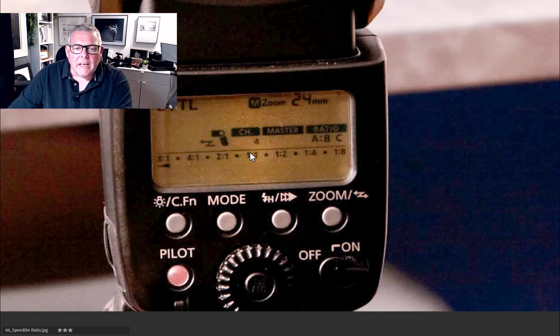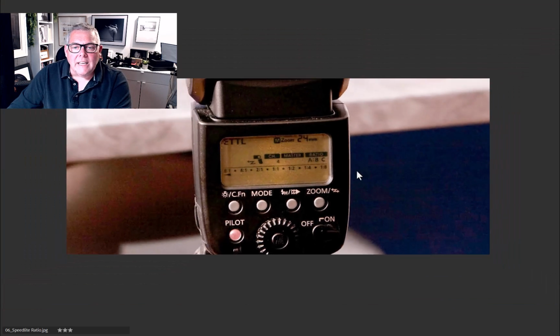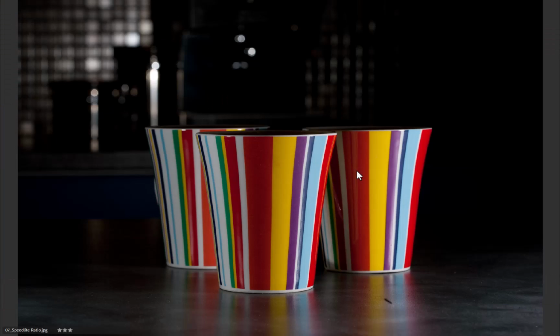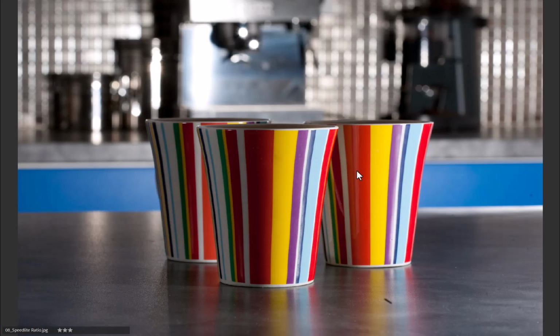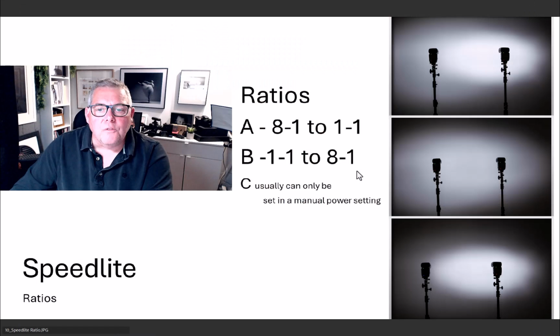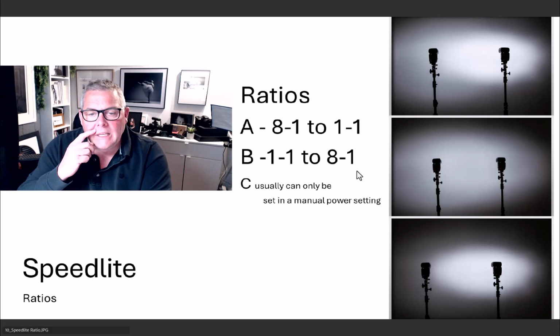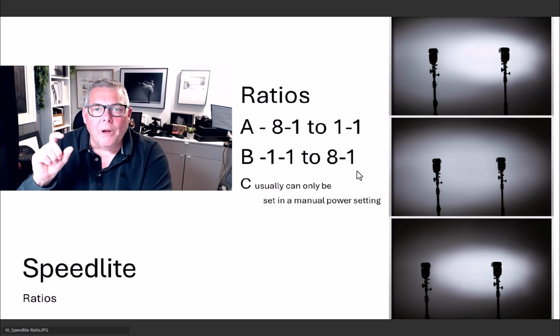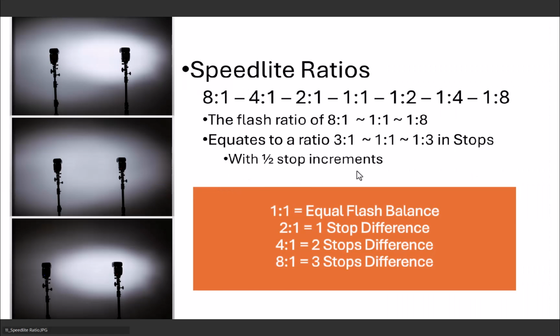And if that little mark below the 8 to 1 on the left hand side was on the other side, on the 1 to 8, it would be the reverse effect. But C is basically always set into its own level. And then by just changing the ratios, you can change the different look and feel of the photographs. But as I said, C is usually set into a manual power setting by design.